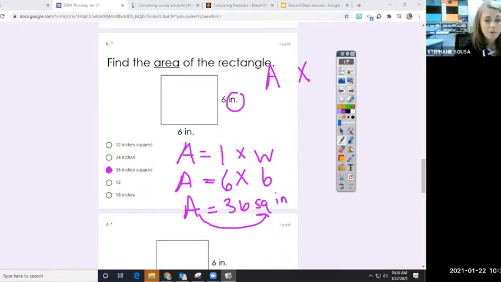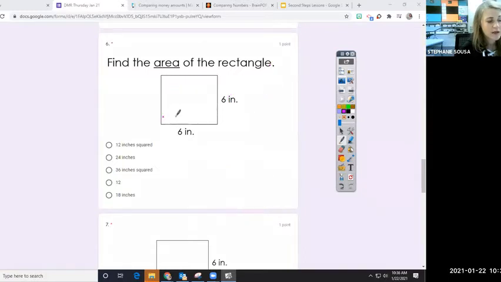So the reason we multiply, Oscar, is because area is the space inside of a shape. Okay, so we have to count going across and going up and down. So we're counting 2 dimensions. Okay, great question. Thank you for clarifying.